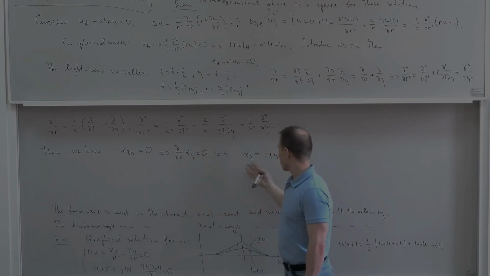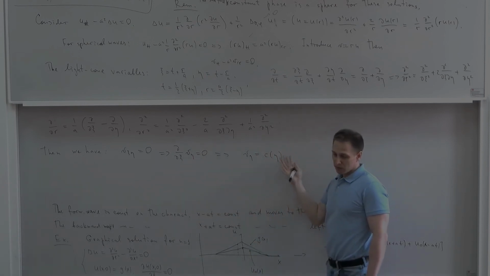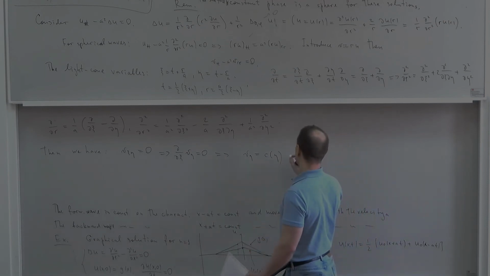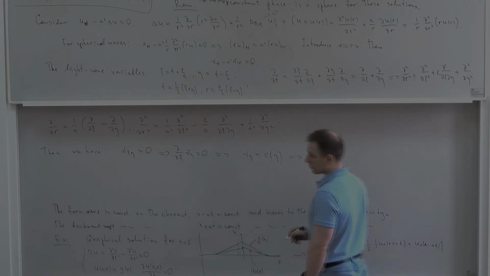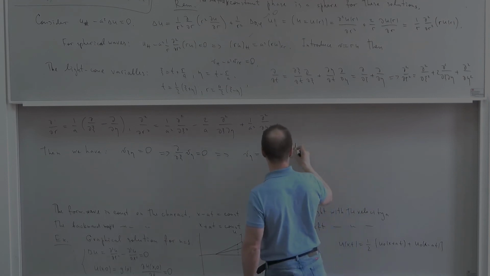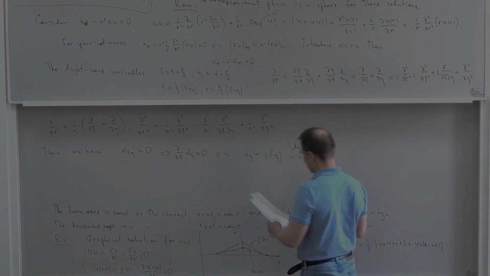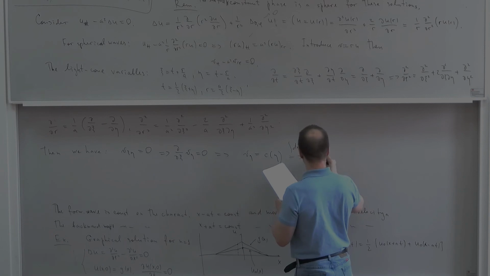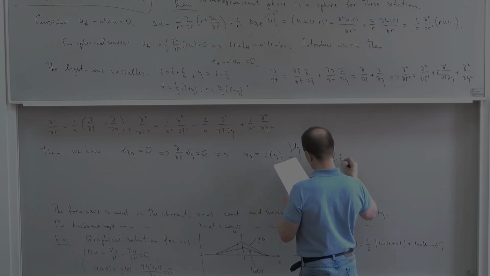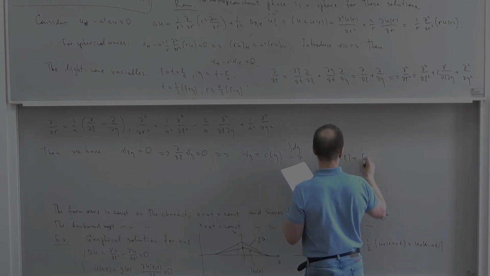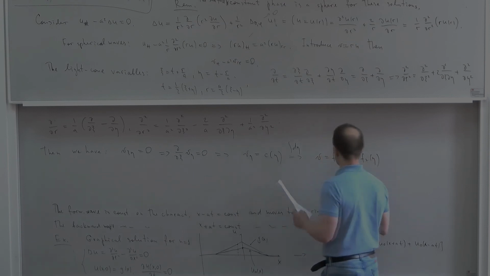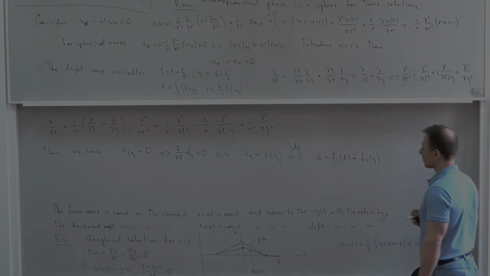That is, it is some function of eta, the second variable. Then we integrate this expression with respect to eta and obtain that this integral can be represented in the form.